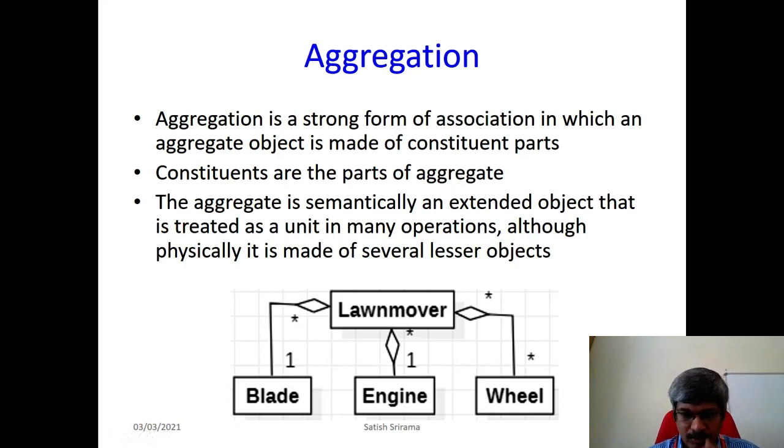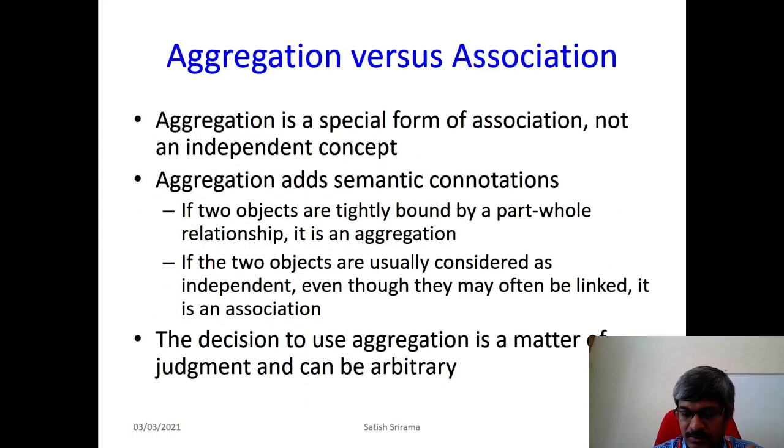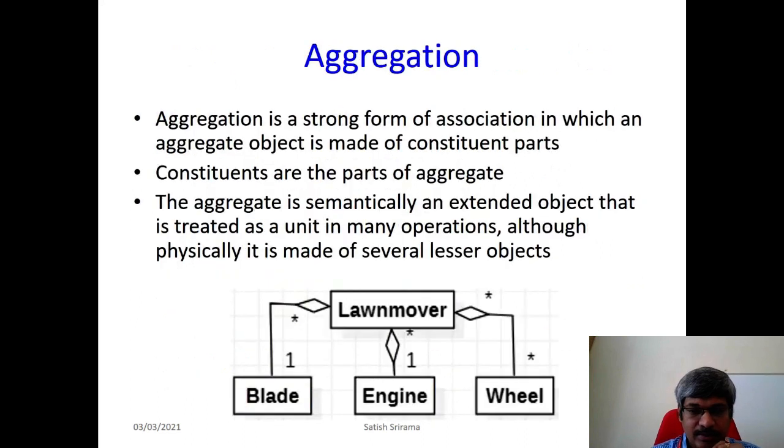That's about aggregation. We define an aggregation as relating an assembly class to one constituent part class. Let's go by the earlier example. In this one, the aggregation is the lawnmower and the blade.